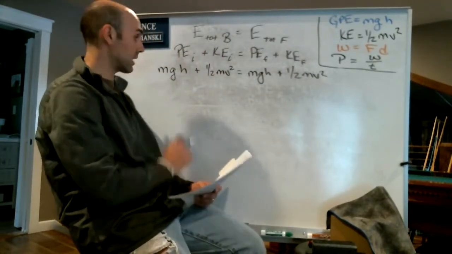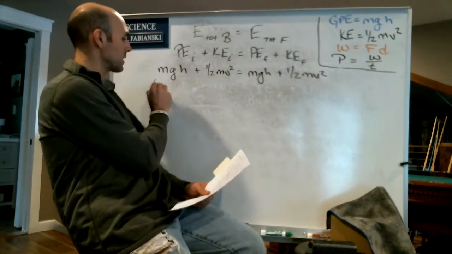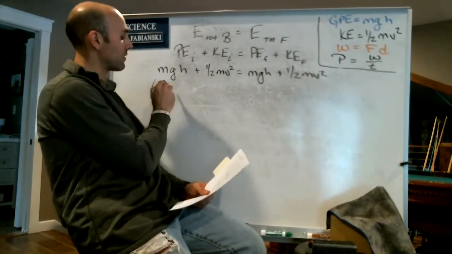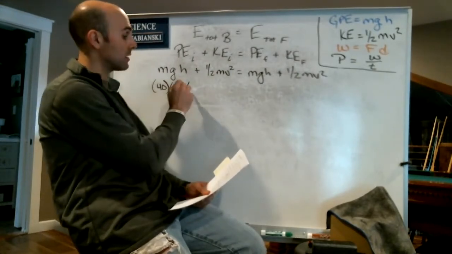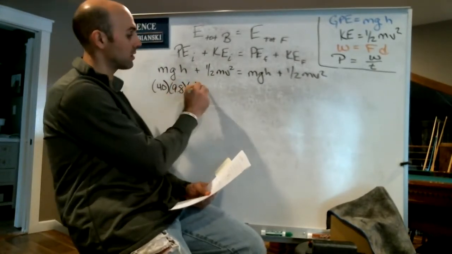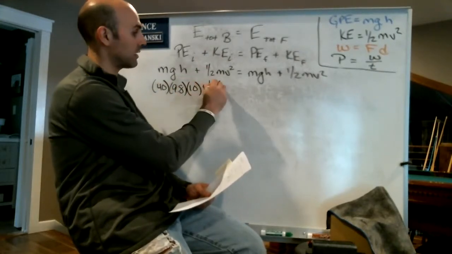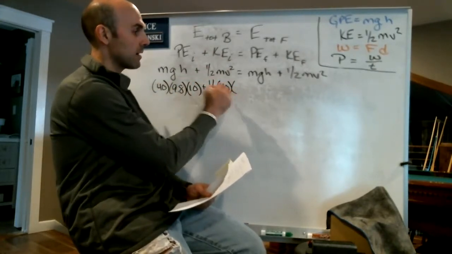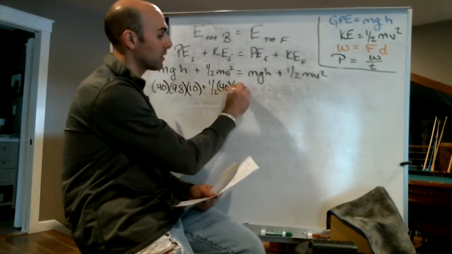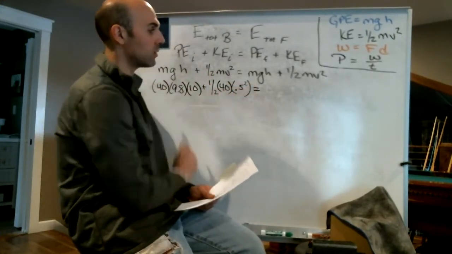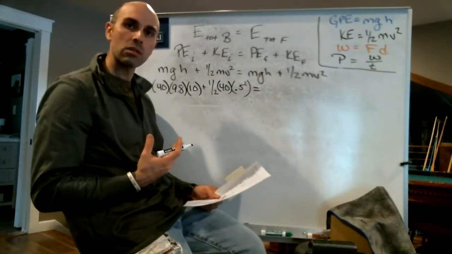Let's plug it in. The mass of myself in the cart, 40. Gravity, 9.8. My original height, 10 meters, plus 1/2 constant, my mass again, 40, times my initial velocity, which is 0.5, and we square it, equals... did my mass of myself in the cart change?